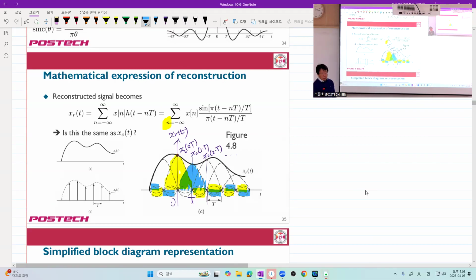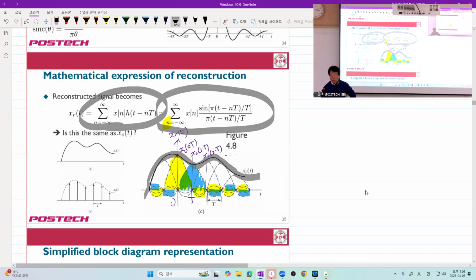If the Nyquist condition is met in the sampling and in the choice of the cutoff frequency of your ideal low-pass filter, this signal reconstructed by this procedure gives you the original signal back.